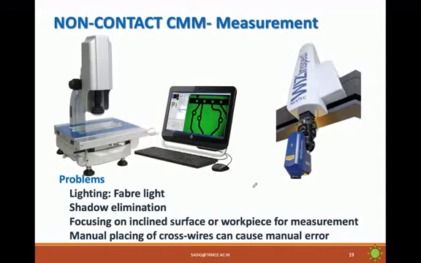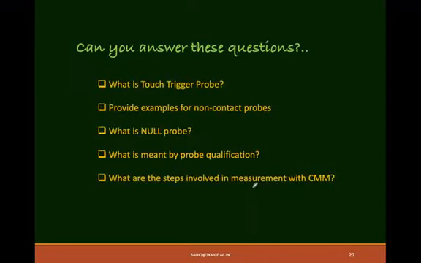So with this previous discussion of this session, let us again have a review. Let us see a few questions. Try if you can give answers for these questions. You know what is meant by touch trigger probe? Can you provide a few examples of non-contact kind of probes?